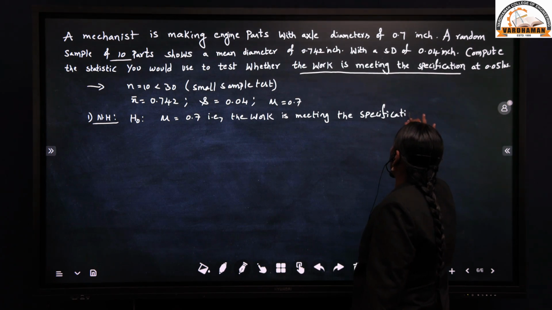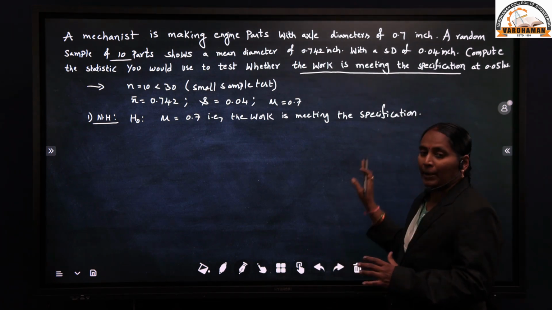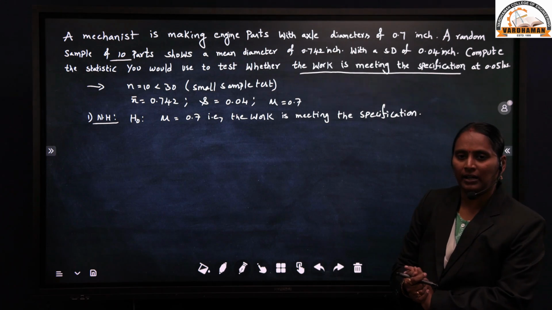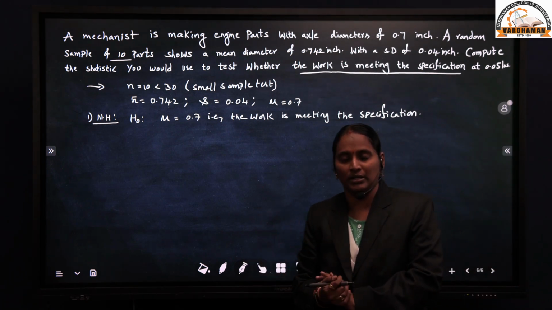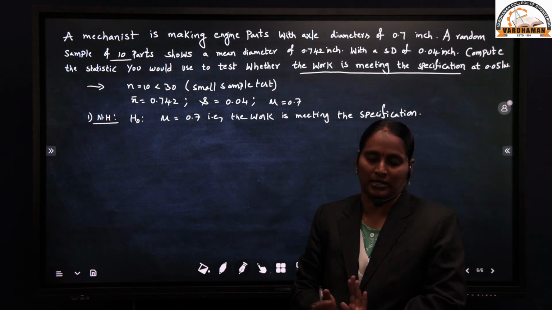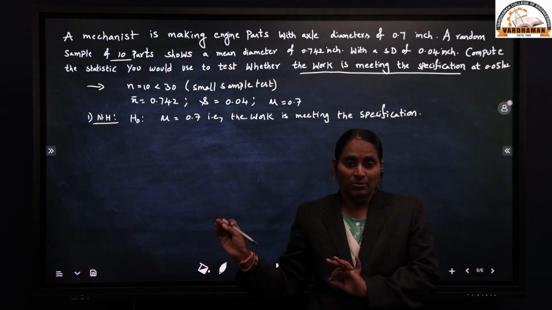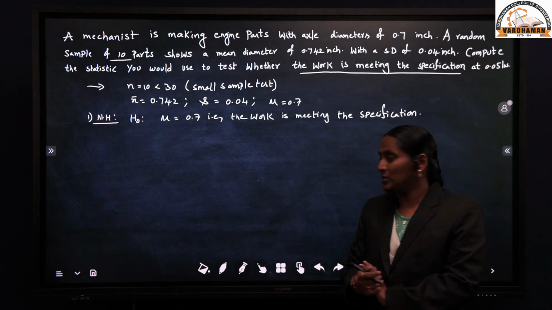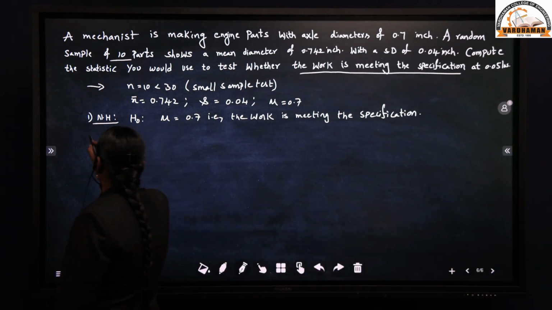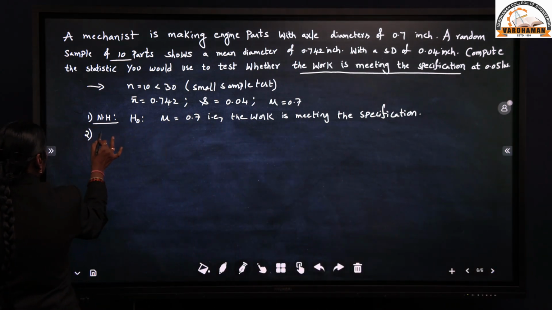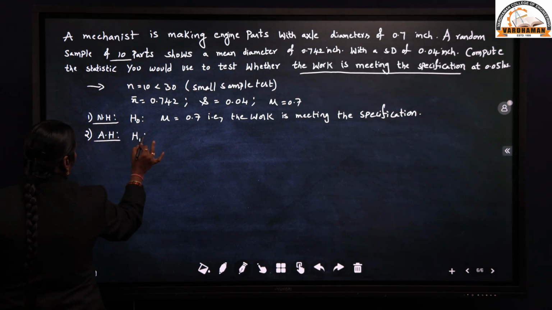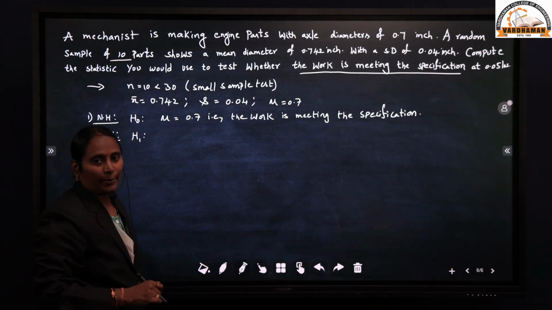In the given problem, if you observe clearly, they didn't compare any of the observations, and they didn't ask whether in future it is going to increase or decrease. They are asking only to check whether this product is meeting the specification or not. So that is our null hypothesis. The alternative hypothesis is the statement against the null hypothesis.